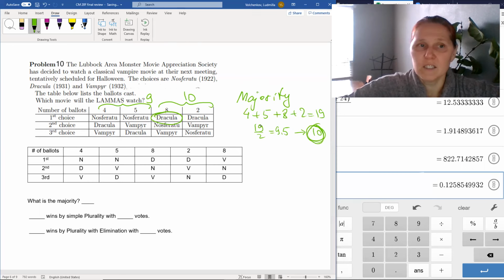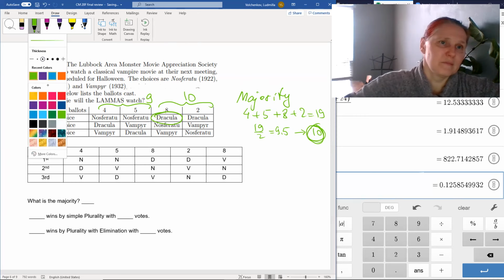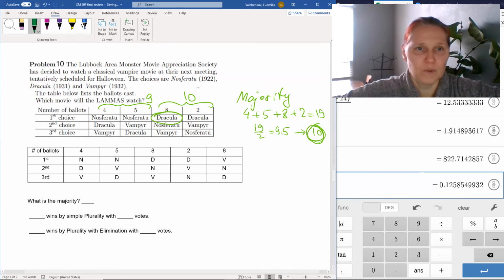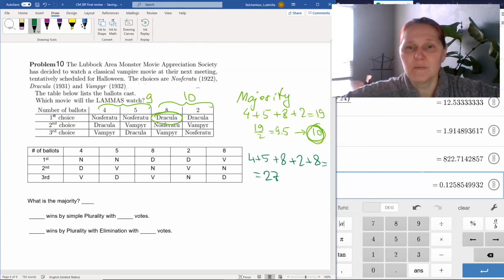Okay, let us adjust the table. So let us find the majority for this table. We add the votes. 4 plus 5 plus 8 plus 2 plus 8. It is 27.